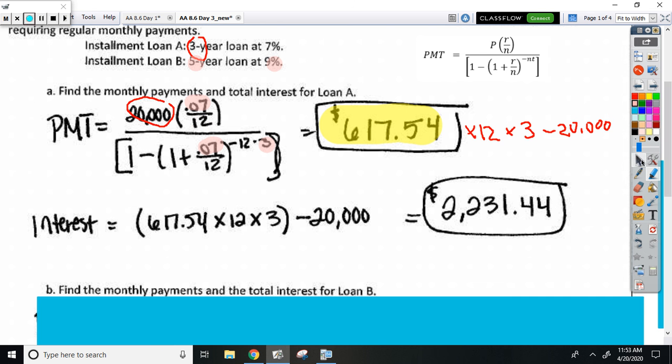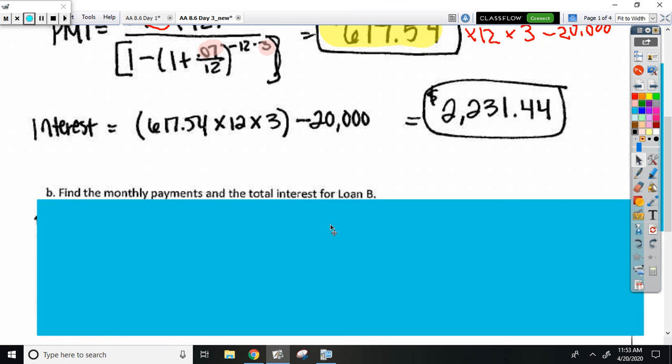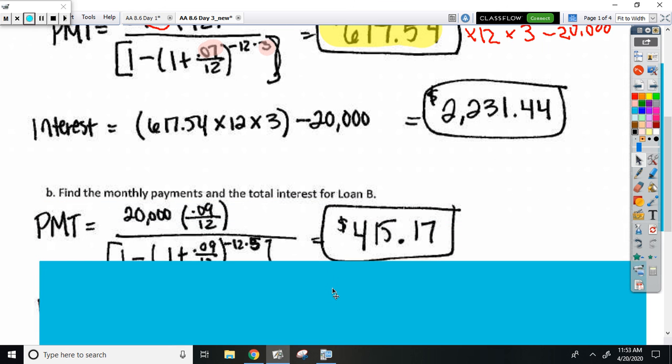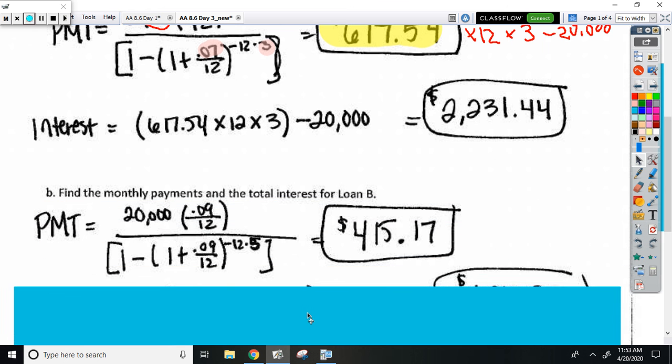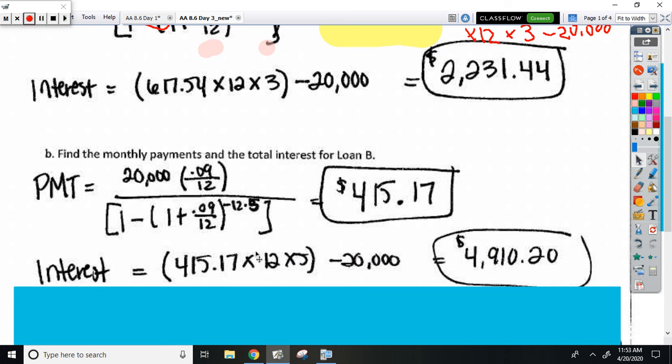So let's go ahead and do that. We should get $415.17. If you want to pause the video and try that on your calculator on your own, you may. Again, to find the interest, we're going to take this number times 12 months times 5 years and then subtract 20,000.